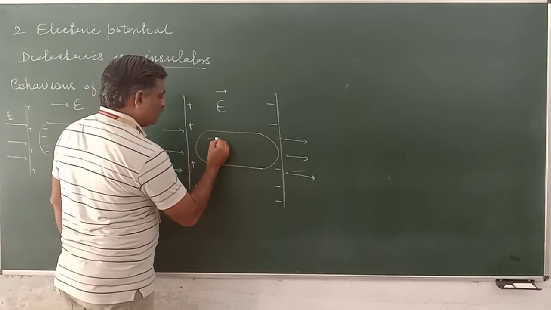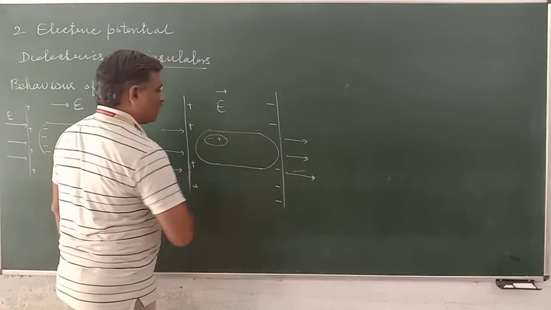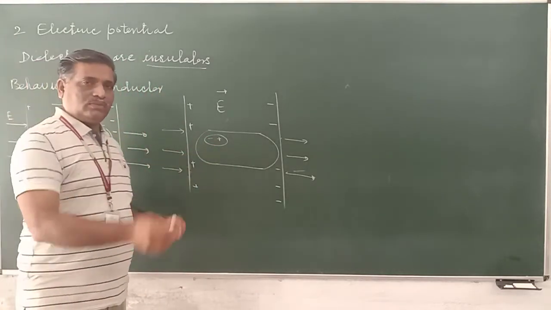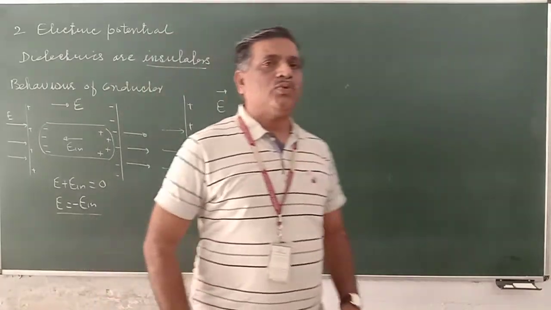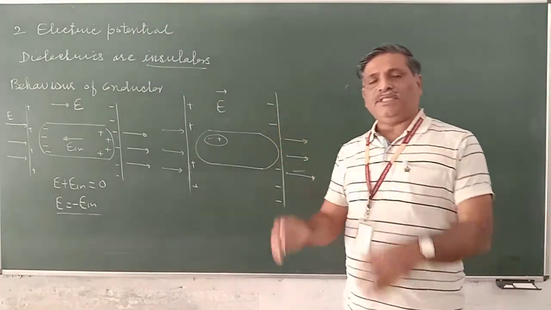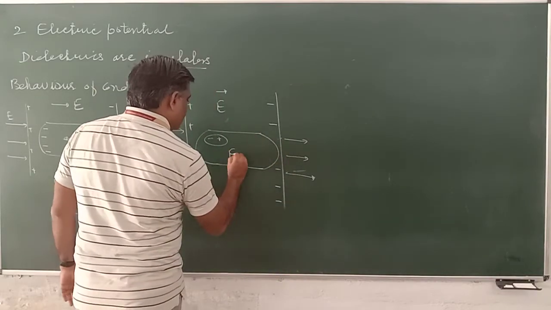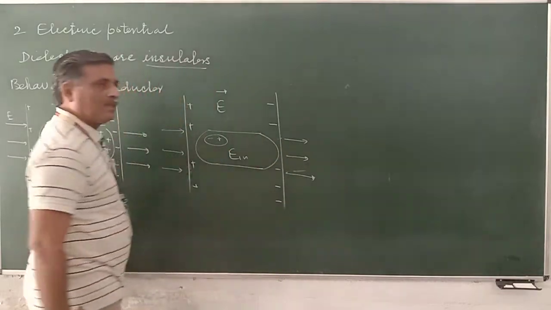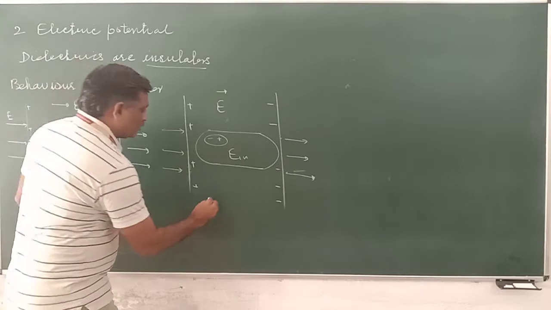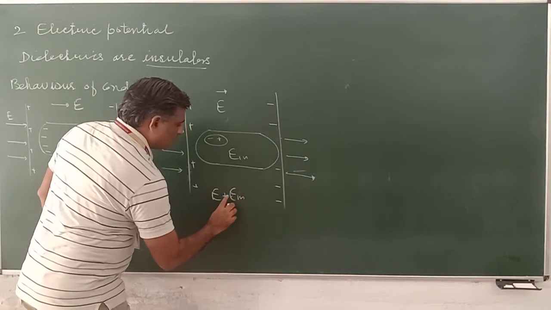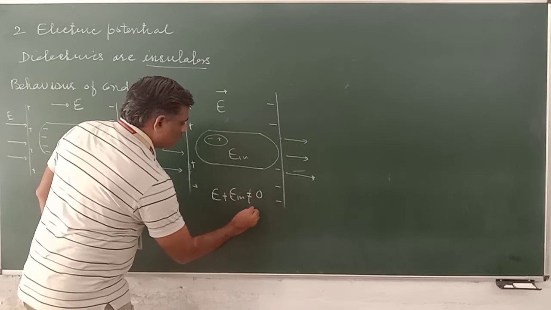Here minus and plus separation happens. This charge cannot go from one place to another place, but inside the atom this separation takes place, and then a slight E in develops. But in case of dielectrics, the addition of E out and E in is not equal to 0.